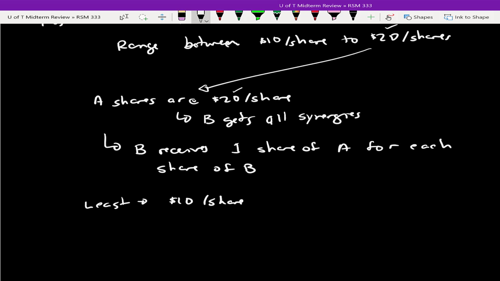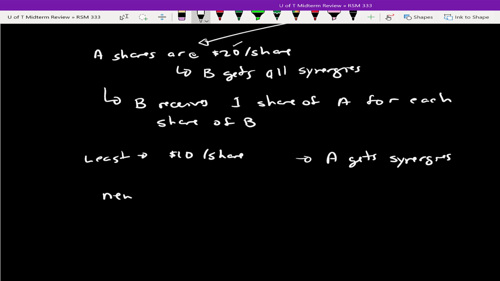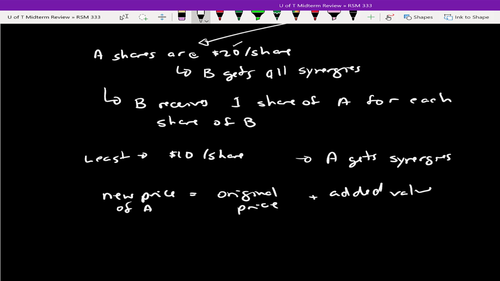Now, if B takes $10 a share, who's getting the synergies? A gets all the synergies. And the reason this is important in this part of the example is because the price of A will change if they get all the synergies. So the new price of A, if they got all the synergies, is going to be the original price plus the added value from synergies.